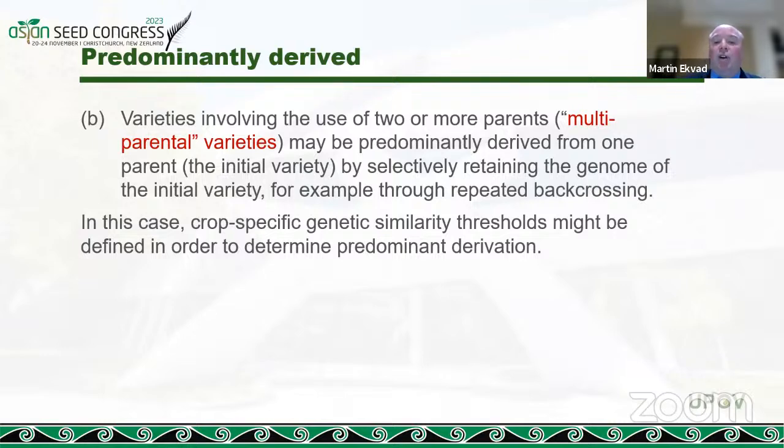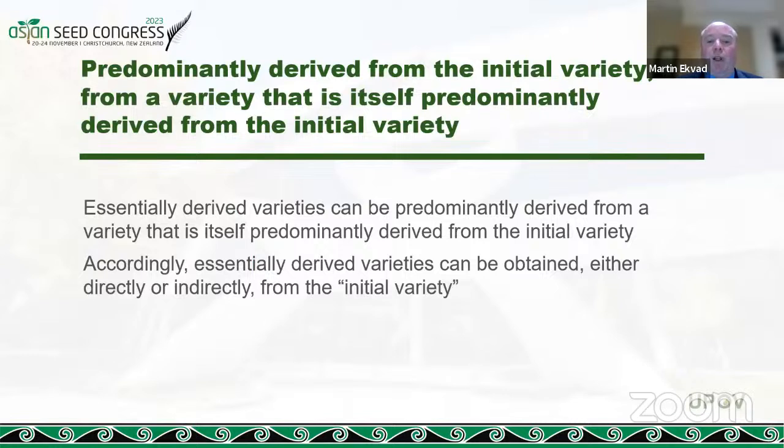And there are examples of such thresholds adopted, for instance, by ISF, but also by other organizations. But the guidance encourages that this is done. Then essentially derived varieties can be predominantly derived from a variety that is itself predominantly derived from the initial variety. So accordingly, essentially derived varieties can be obtained either directly or indirectly from the initial variety.